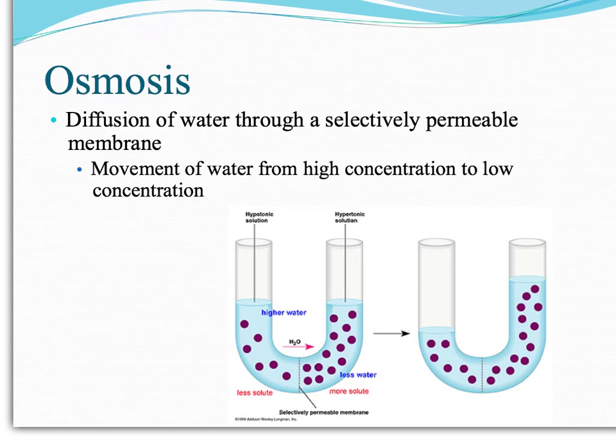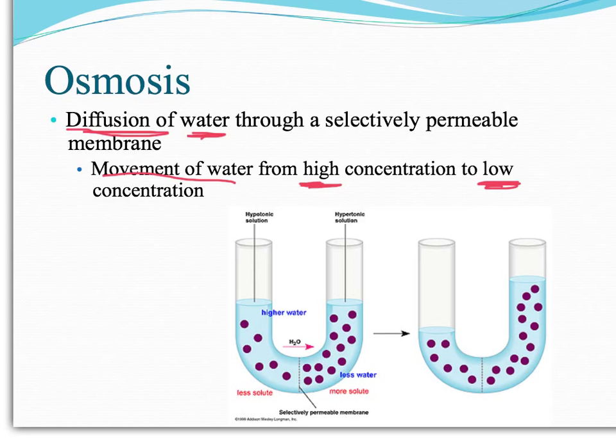Alright, so woohoo! Osmosis! Osmosis is the diffusion of water, meaning it is the movement of water from high concentration to low concentration. So we're looking at concentrations of water here.